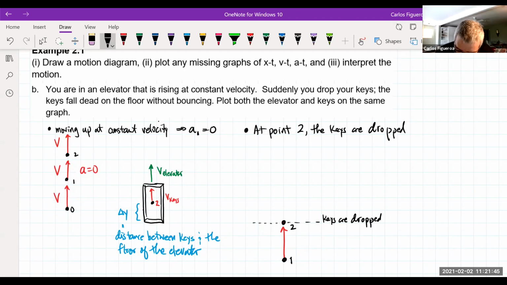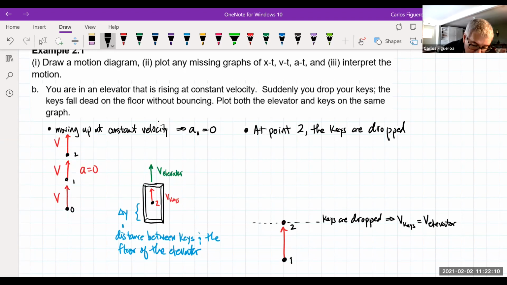So at the moment that I drop the keys, the elevator and the keys are moving at the same speed. So the velocity of the keys has to be the velocity of the elevator.